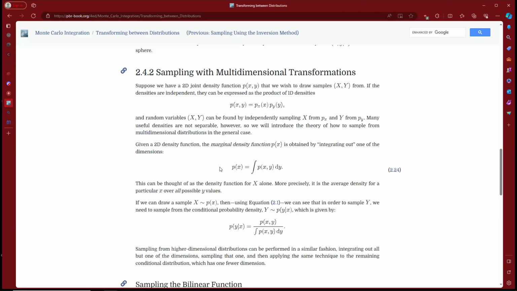More precisely, it's the average density for a particular x over all possible y values. So p of x is then the probability distribution function of x, and we get that by taking the integral with respect to y, I guess.